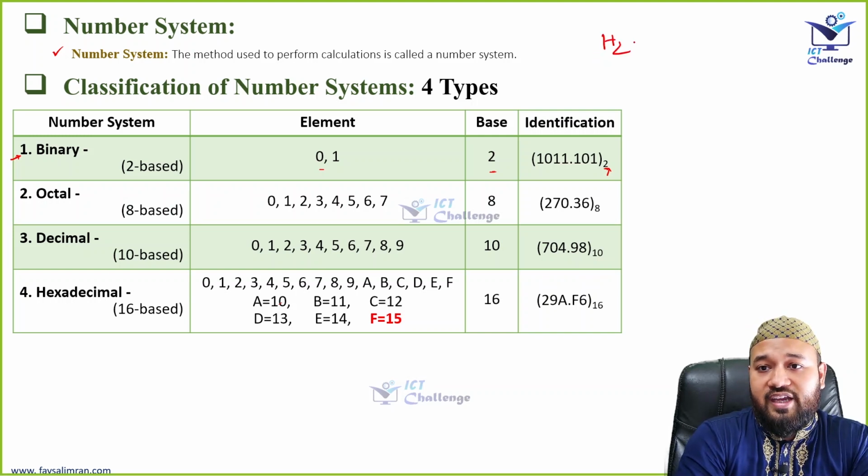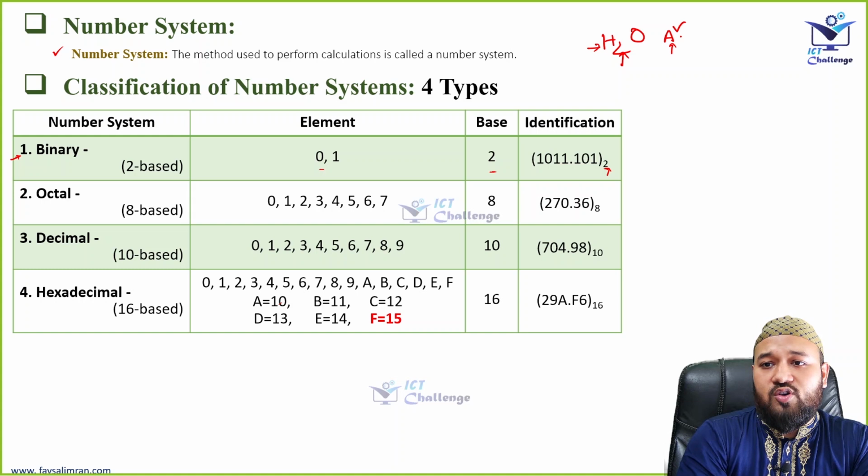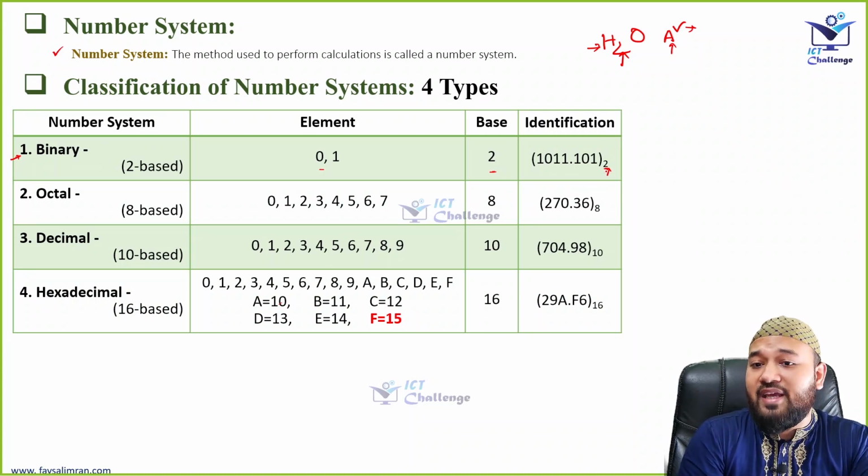Like if I write H2O, here 2 is a subscript, H is a normal script. Also A squared, here A is a normal script and 2 is a superscript. That means here 2 is a subscript. If a number contains the base 2 as a subscript, then it is called the binary number system.